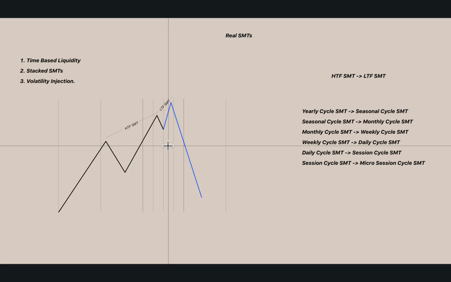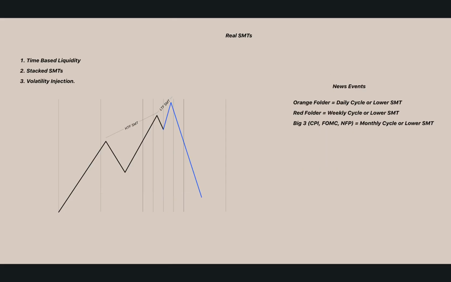So that'd be 9:30 a.m. Usually you'll see 9:30 a.m. creates some sort of SMT and you'll look for that trade specifically. Or if you see a red folder news event that creates SMT, then you'll be looking for that trade specifically once again.